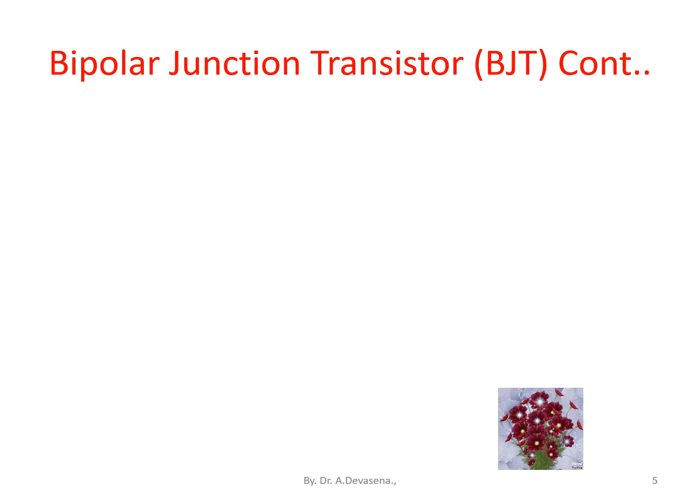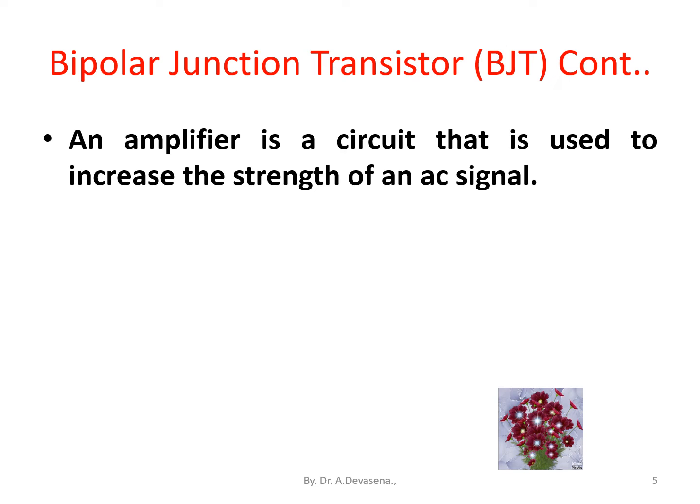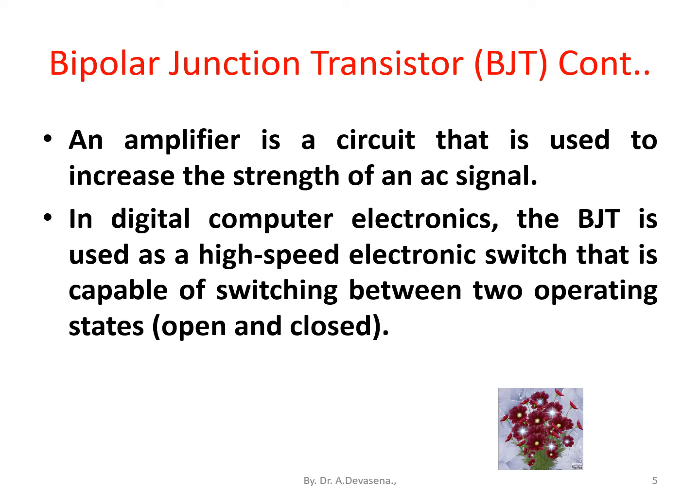An amplifier is a circuit that is used to increase the strength of an AC signal. In digital computer electronics, the BJT is used as a high-speed electronic switch that is capable of switching between two operating states, that is open and closed.